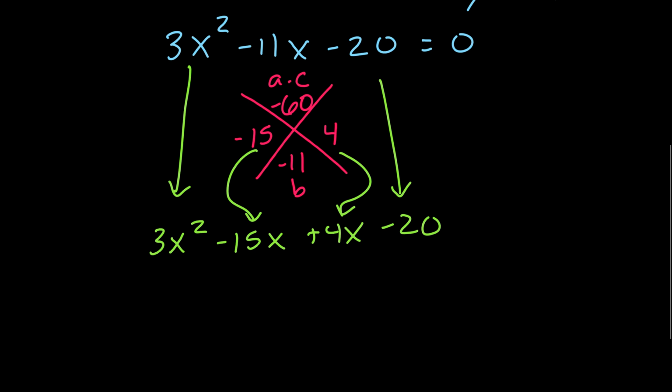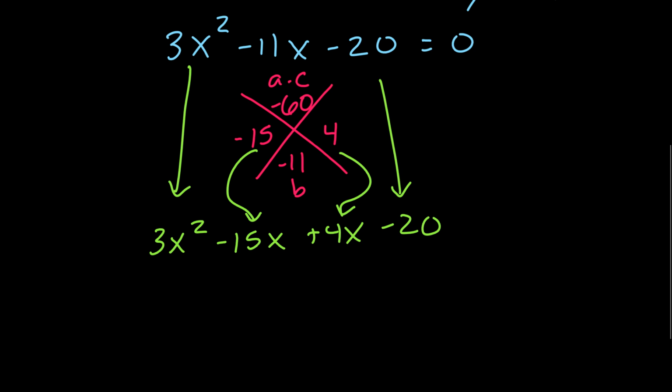Basically, what this x is doing, do you understand the concept behind it? We split this middle number. We kept the first and the last the same, but we split the middle number into two different numbers that would factor well. That's all we did with the x. You see, negative 15 plus 4 is negative 11x. We just split it into two that we know are going to work out.